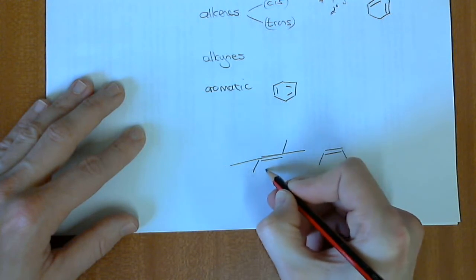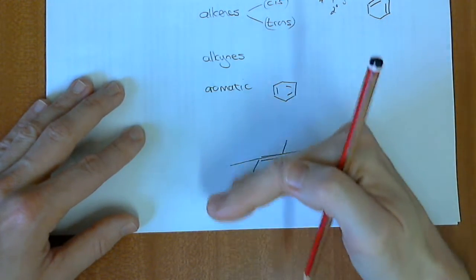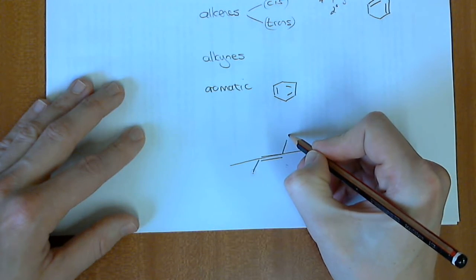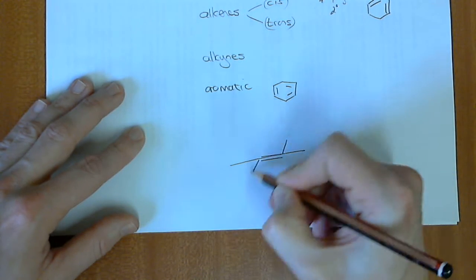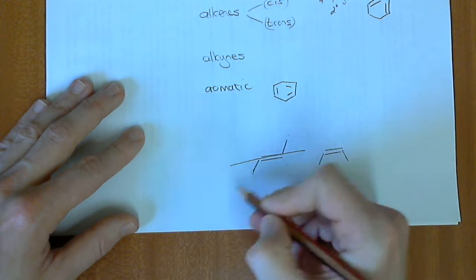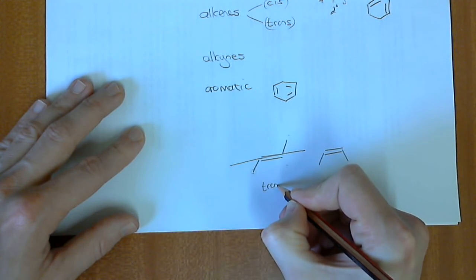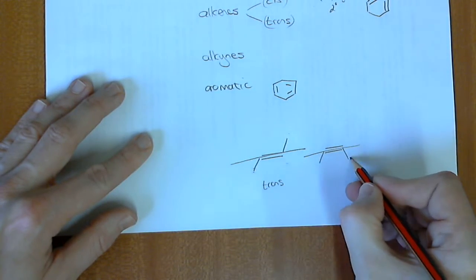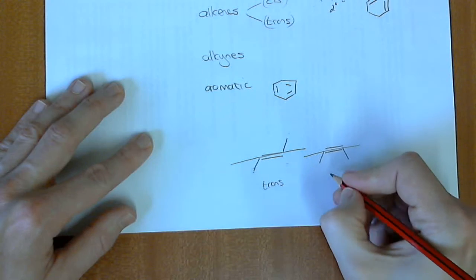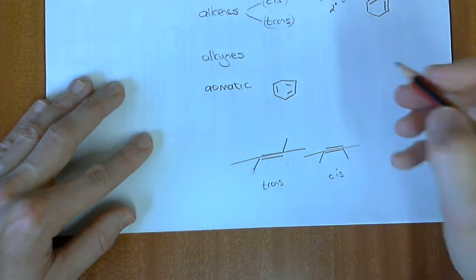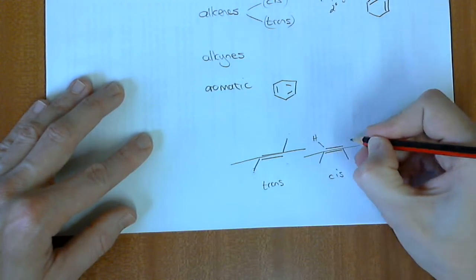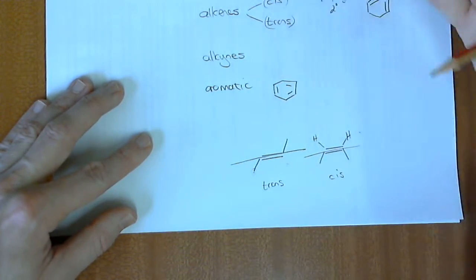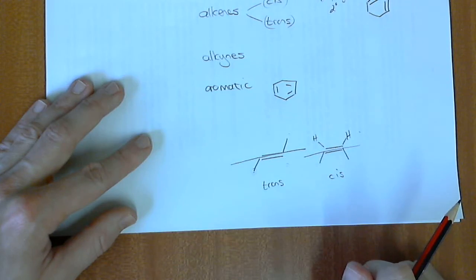These two are not the same things, they're not on the same side, but the methyl group over there and the methyl group on this one over here are on opposite sides, and so this one is our trans. Likewise over here we can see the two methyls are on the same side, and so they're cis. Or we could have considered from the point that there are two hydrogens there, on the same side over there, and it's also cis.